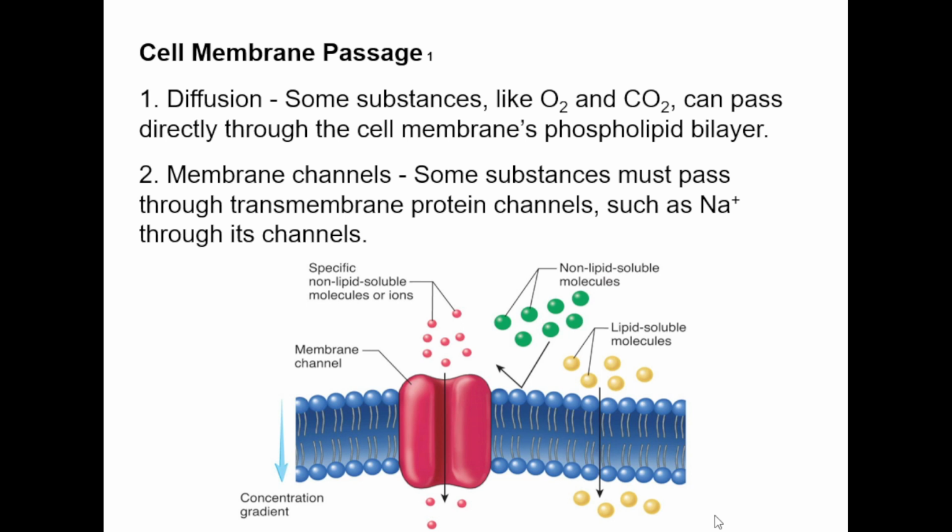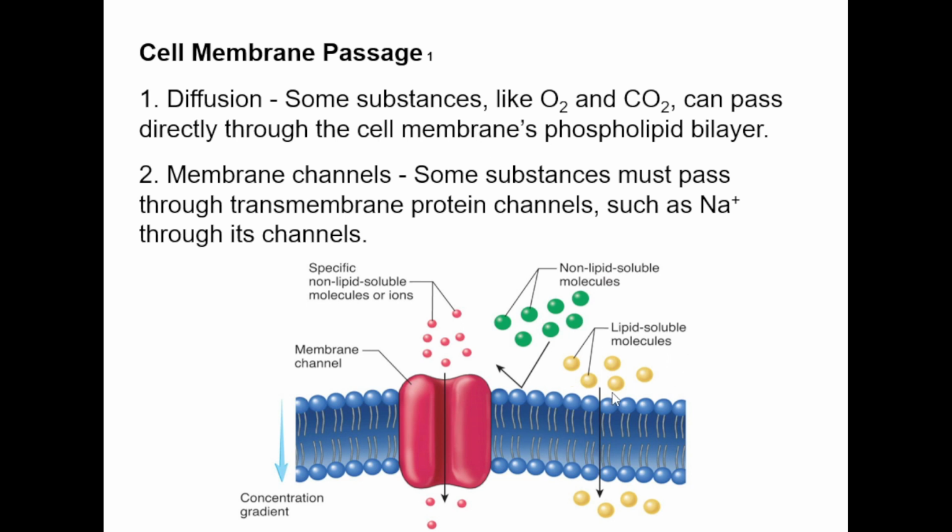So, there are different ways on how substances can enter and exit the cell, and we'll discuss them one by one. The first is through diffusion. So when we say diffusion, it is the free passage of substances across the cell membrane. So there are some substances such as your oxygen and carbon dioxide that can directly pass through the cell membrane's phospholipid bilayer.